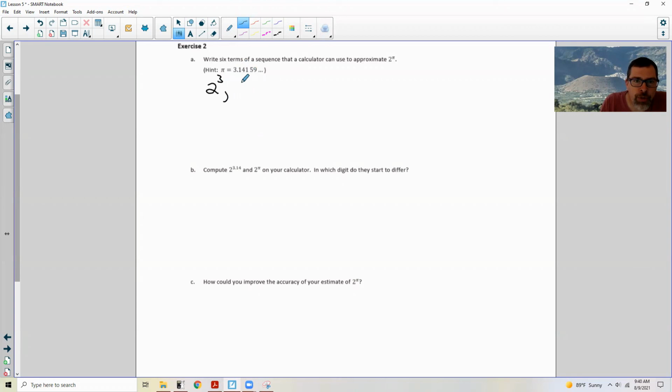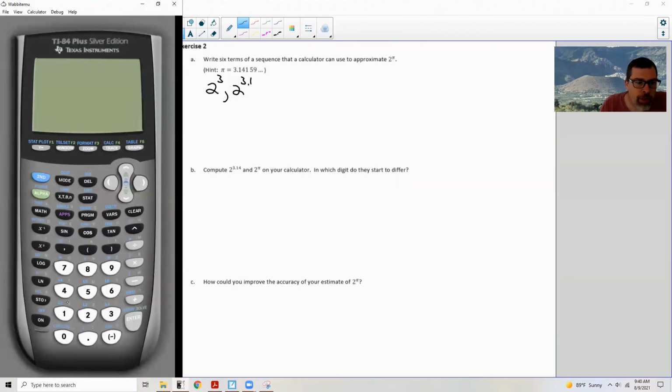So if I go to 3.1, 2 to the 3.1 is more accurate than 2 to the 3. That is going to give us 8 point something. And I'll put that in my calculator just for kicks as we're doing this. 2 to the power of 3 is 8. 2 to the power of 3.1 is 8.57. So now we're already above 8.5.